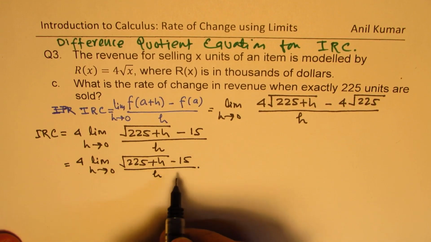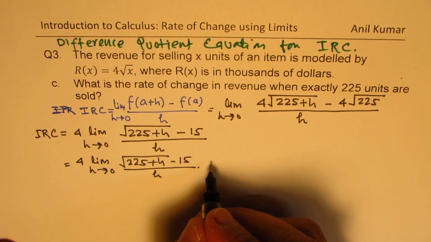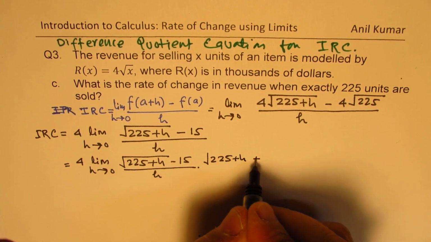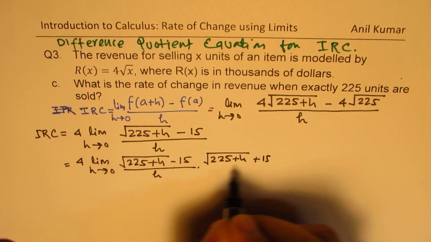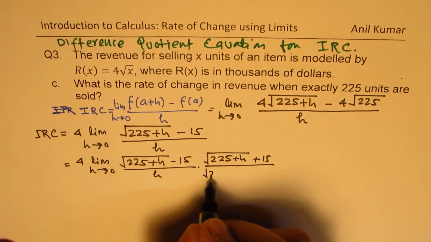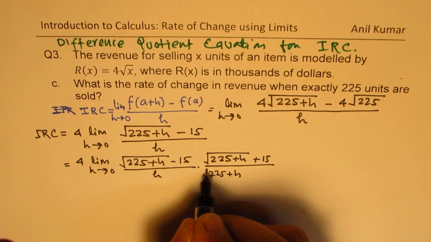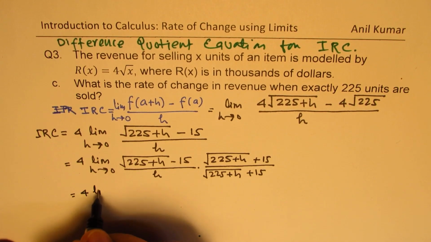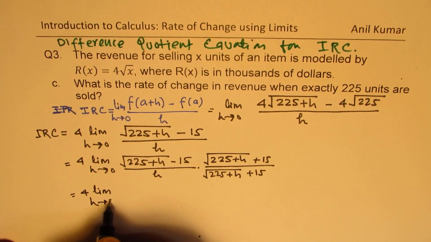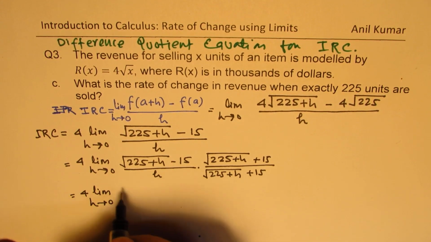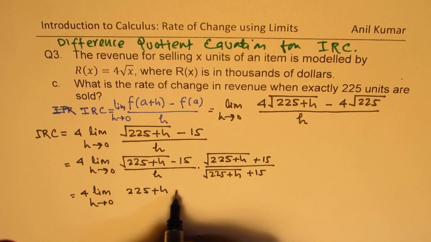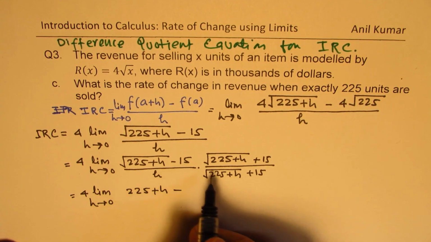times, to rationalize we'll multiply and divide by its conjugate. So we get square root of 225 plus h plus 15 over square root of 225 plus h plus 15. Correct? So that gives you 4 times limit h approaches 0, difference of squares, which is 225 plus h minus 15 squared, right?